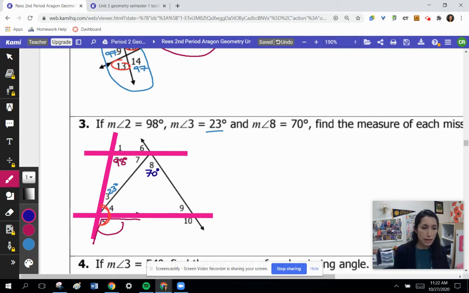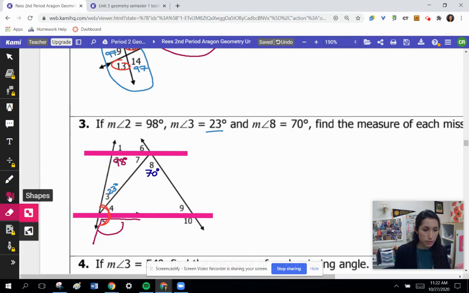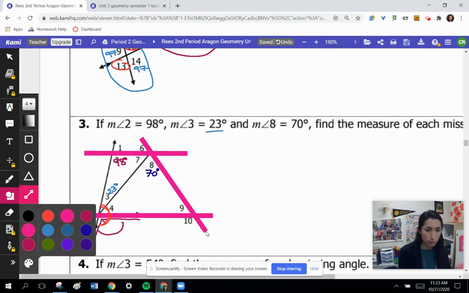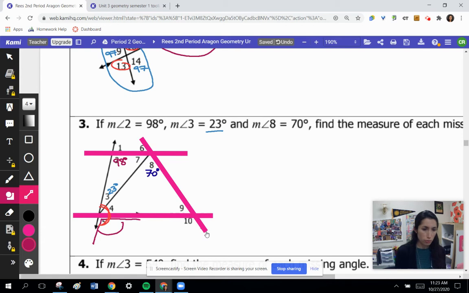Okay. And I'm going to focus on a different transversal this time. So I'm going to unhighlight that transversal, and now we're looking over here at this transversal. Okay, so once you were able to figure out the measure of angle 4, the measure of angle 4 being 180 minus 98 minus 23.